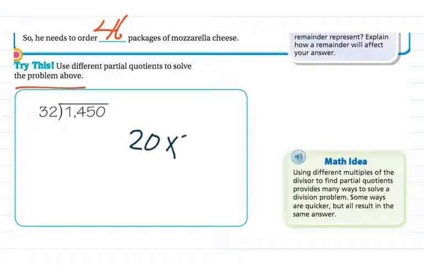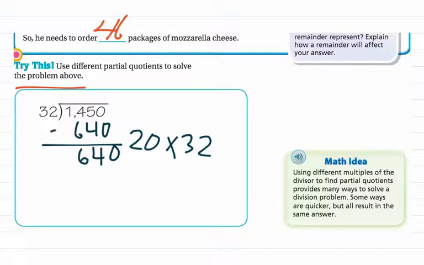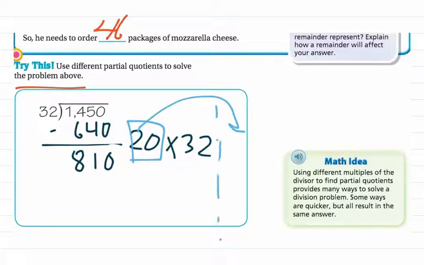So we have 20 times 32, and we get 640. And we subtract 640 from 1,450, and we get 810. Well, this multiple did work, so we're going to rewrite that on the side, on the other end of our dash line.